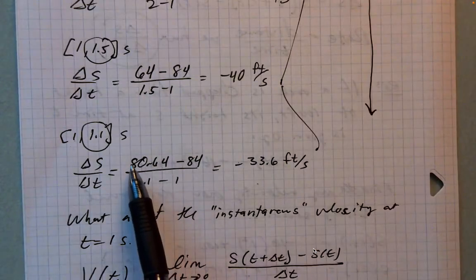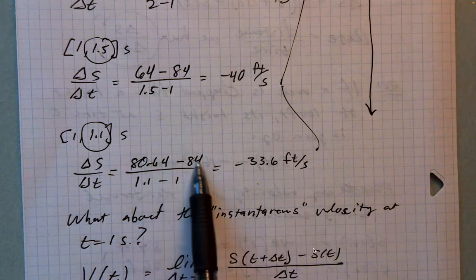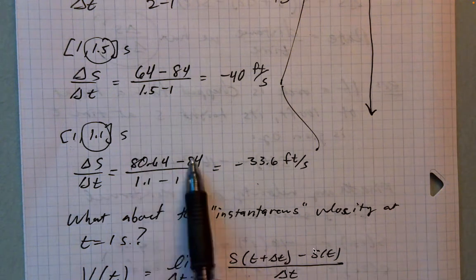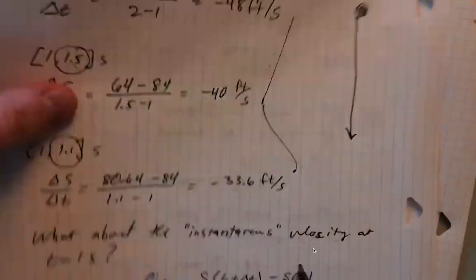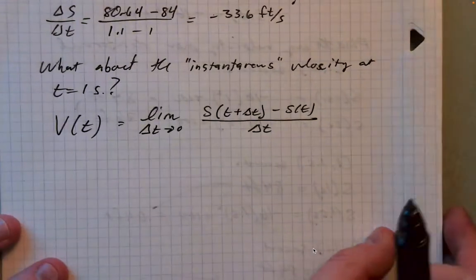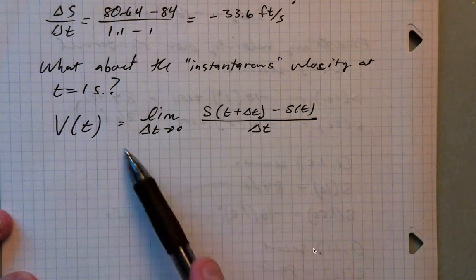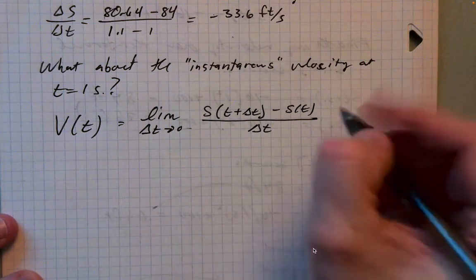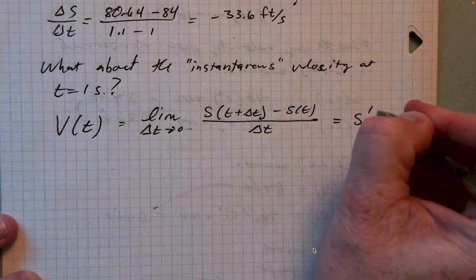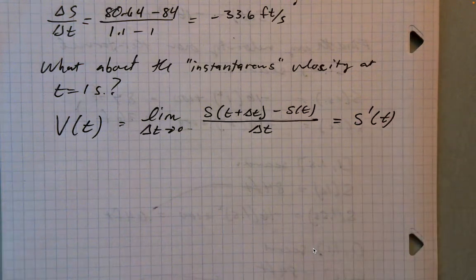We're taking our s of t plus delta t minus our s of t, and dividing it by delta t. That's what we're doing in this limit. The difference is we do this more symbolically, and we'll see how it shakes out. So this is obviously a derivative function. This is the definition. And so the derivative of the position function gives you the velocity function.